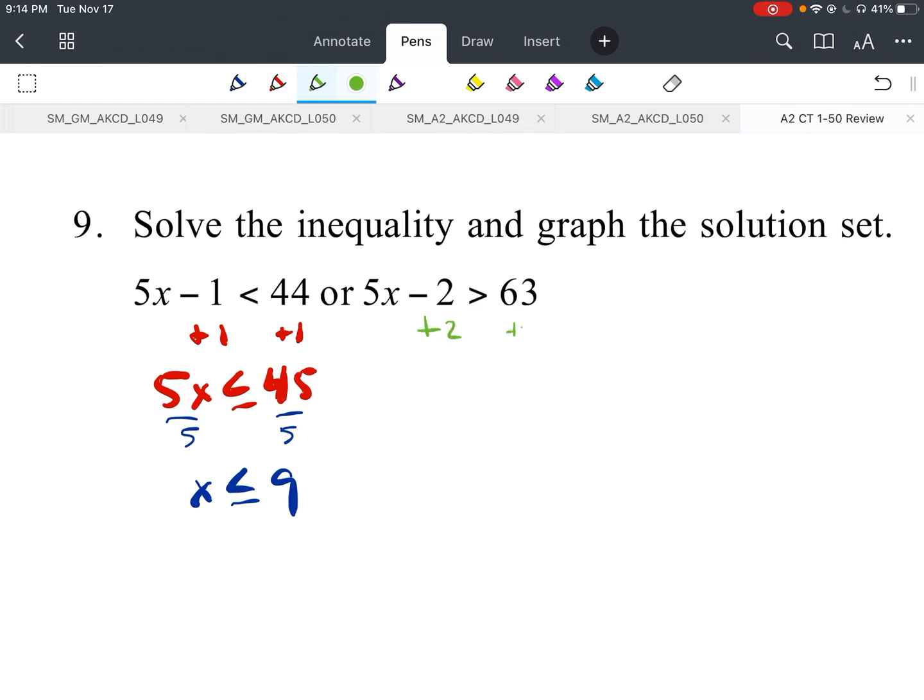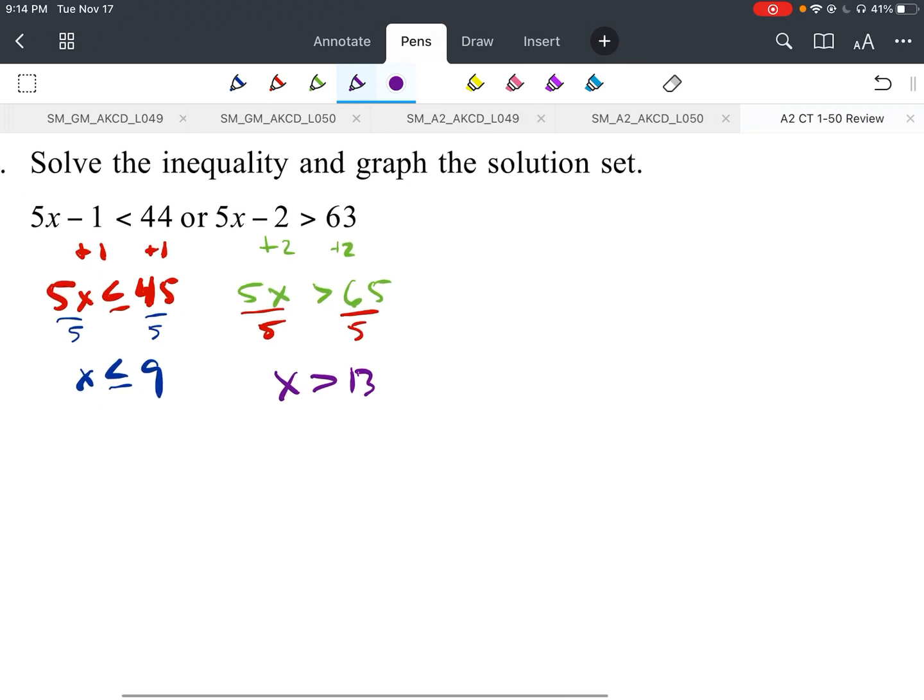Plus 2, 65 is greater than 5x. And divide both sides by 5. And I get 13. X is greater than 13. Okay, we didn't divide or multiply by negative, so there was no chance of flipping the sign here.